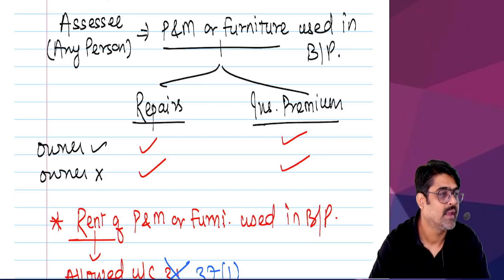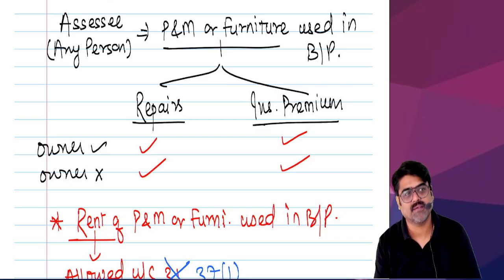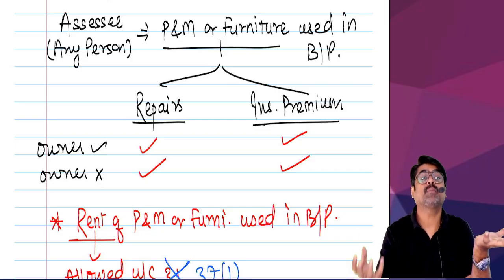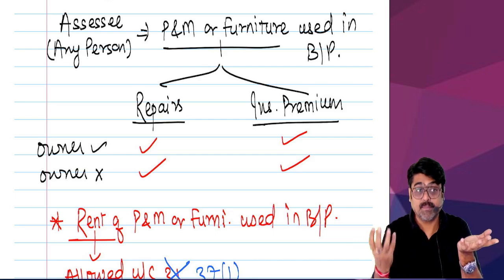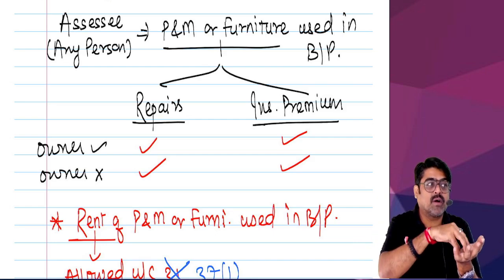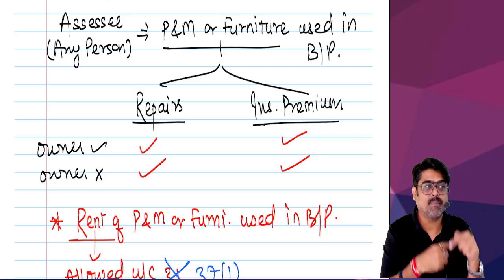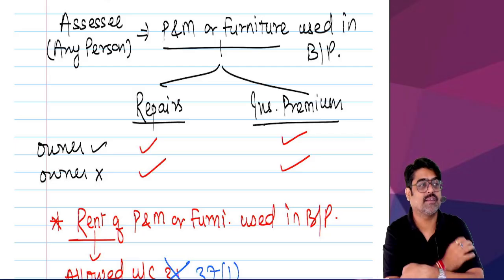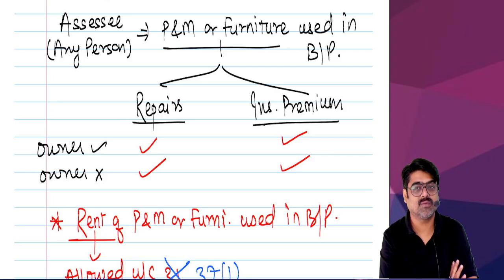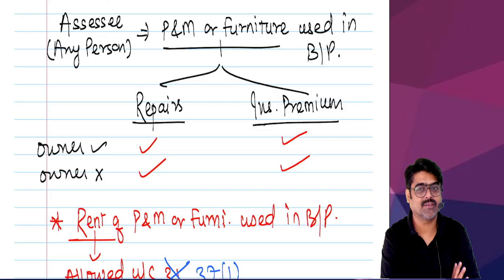But if I incur some repair expenditure on a machine, and because of that expenditure the capacity of that machine increases, earlier the machine was producing 10,000 units, and after incurring this cost the machine started producing 15,000 units, the capacity of the machine got increased because of this repairing cost.